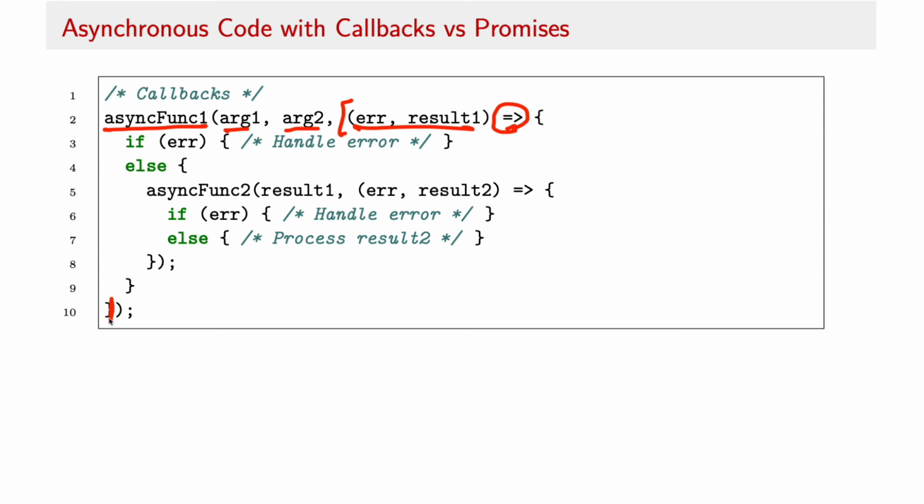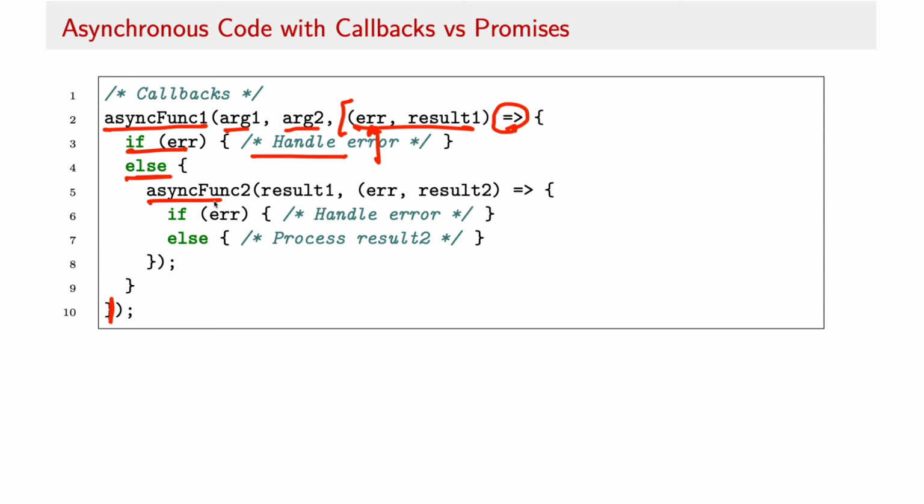If that async func goes haywire, at least if it follows the convention that's been established by Node, the error parameter will be truthy, and we'll check to see if there was an error, and if there was, we'll handle the error. Otherwise, we'll go ahead and take the else clause, and now we're going to call a second asynchronous function. So we're chaining these async functions together.